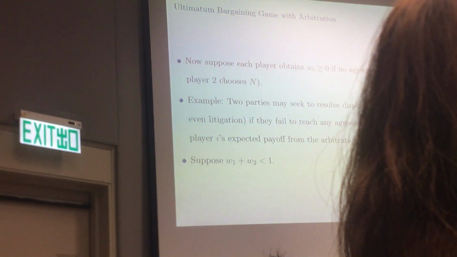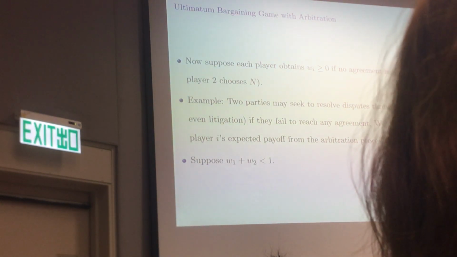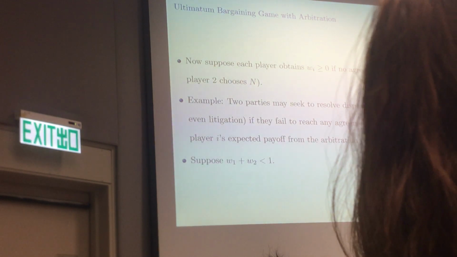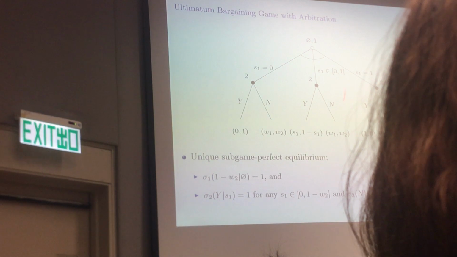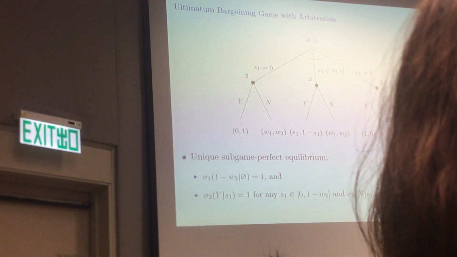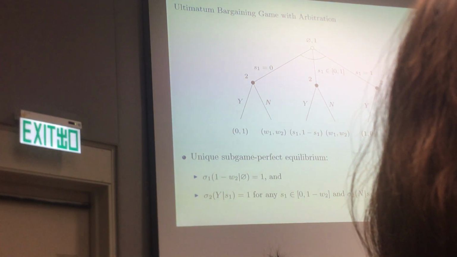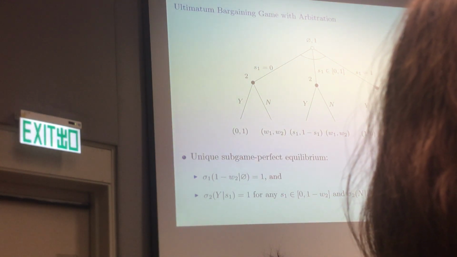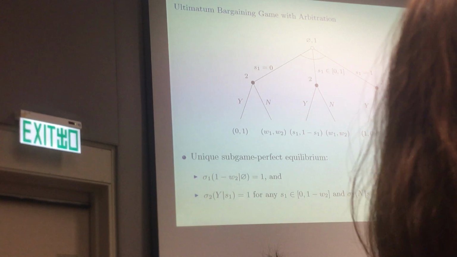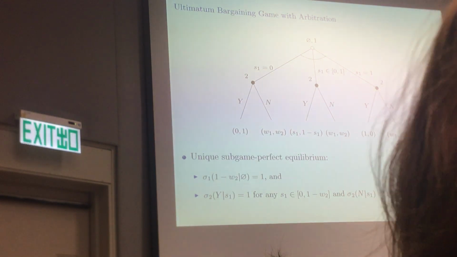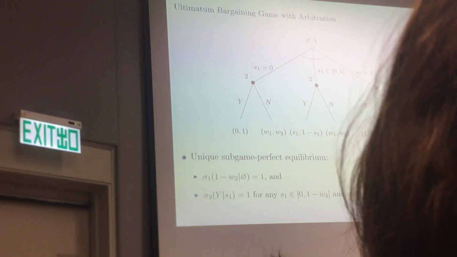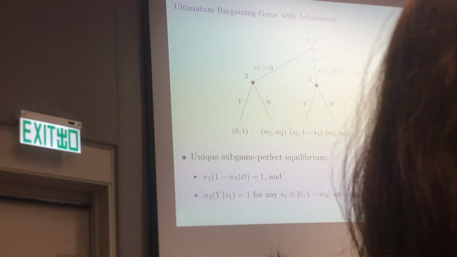Okay, so then let's ask, what is the effect of this arbitration process on the equilibrium outcome? That is essentially asking us to solve this game. We can solve this game again with backward induction. Again, there are infinitely many subgames after any S1. But the buyer's decision problem is still quite simple.